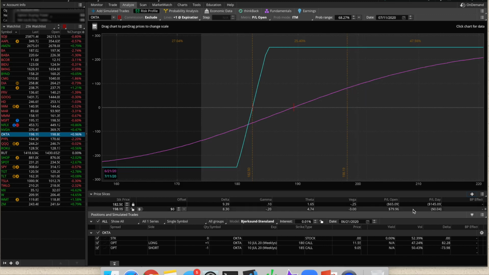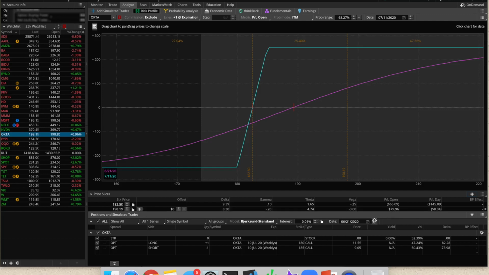Now let's do another thing. If you notice this column called PL open, it says $79, which is how much we are making as of now. What I'll do for you is simulate time passing by clicking this plus icon near the date. It's showing 6/21. The profit is 79.